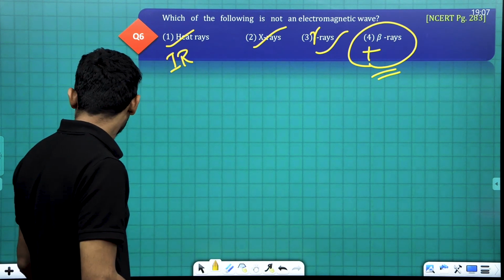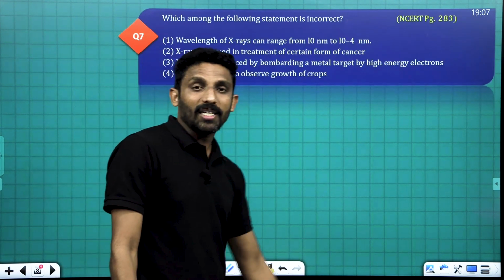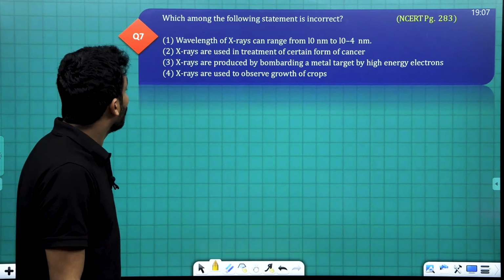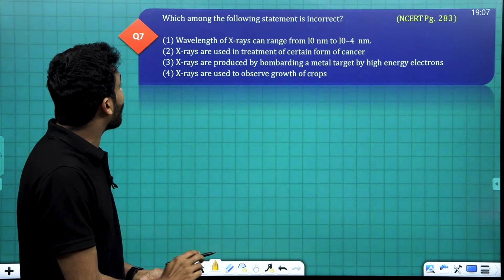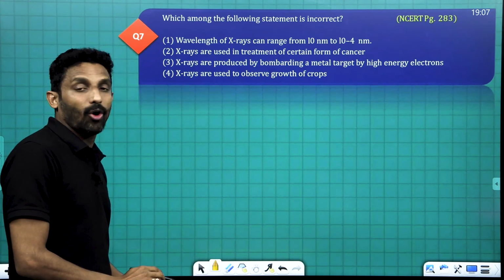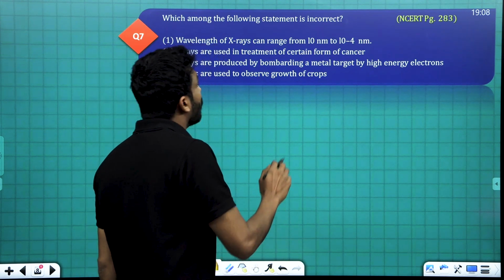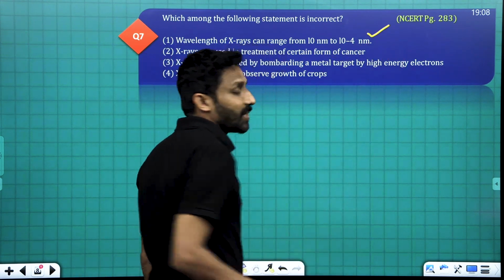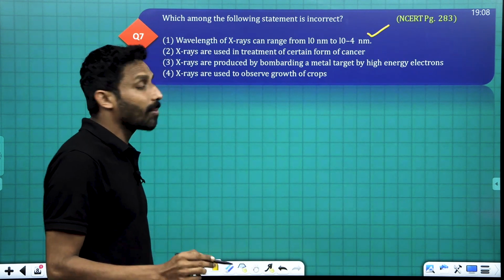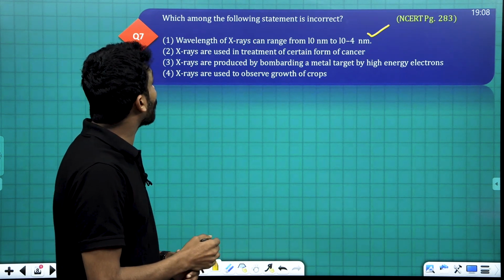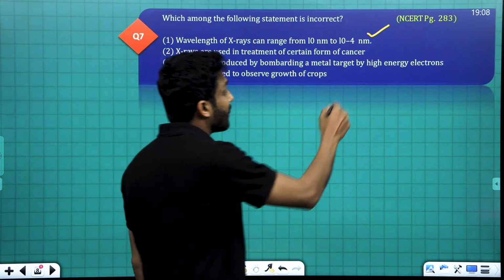Okay. Now, which among the following is incorrect? First one, wavelength of X-rays can range from 10 nanometer to 10 power minus 4 nanometer. This is correct. X-rays are used in the treatment of certain forms of cancer.